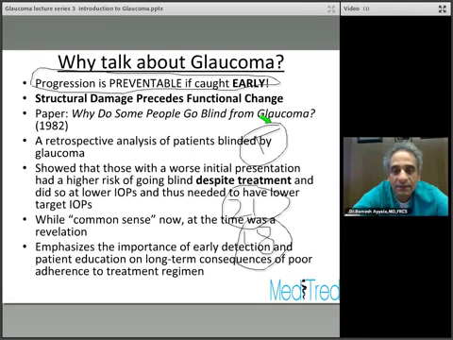T stands for target. So every time you see a patient with glaucoma, your job is to look at the optic nerve, analyze their vision fields, and based on the damage that's already existing there, you decide what the target intraocular pressure is. For example, if a patient presents with ocular hypertension, all you need to do is to bring the pressure down around 21 to 18 or so, and the patient probably will do well for the rest of his or her life.